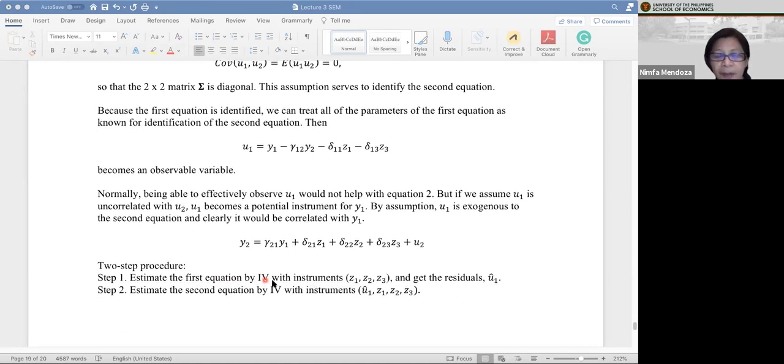Estimate the first equation by IV with instruments C sub 1, C sub 2, C sub 3, and then get the residuals. Then estimate the second equation by IV with instruments U sub 1 hat, C sub 1, C sub 2, C sub 3.